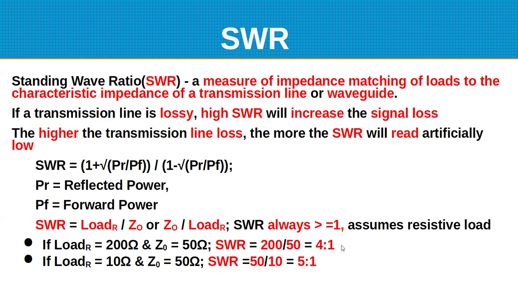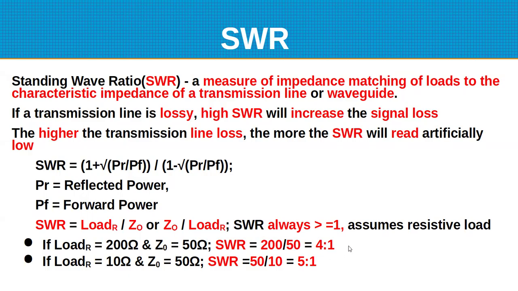Not sure I'm following you. So 200, and I guess is it omega? I mean, what is that? I don't remember the sign. Ohms. Okay. The load's 200 ohms. The cable impedance Z0 is 50. And then the way they wrote it out, SWR was 200 divided by 50.